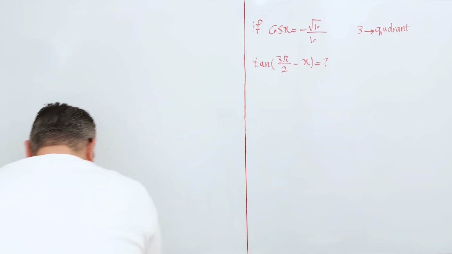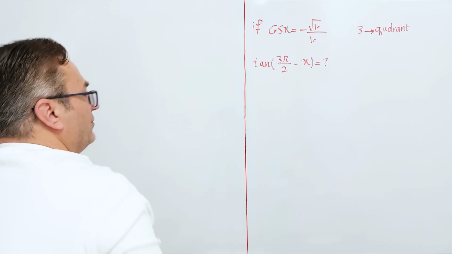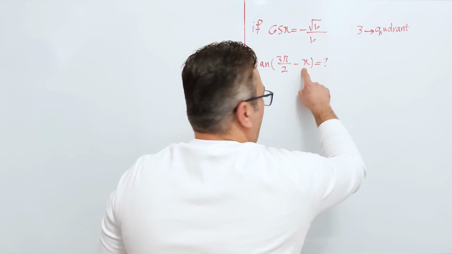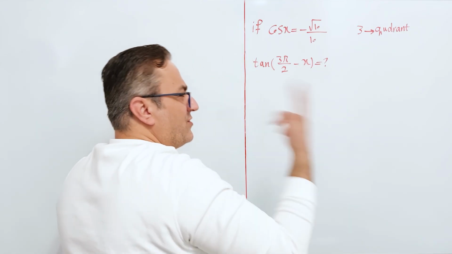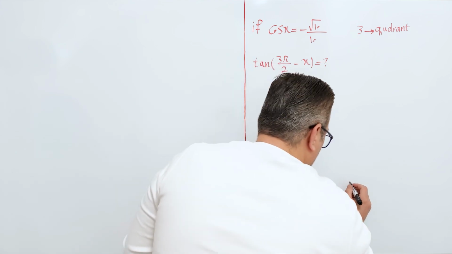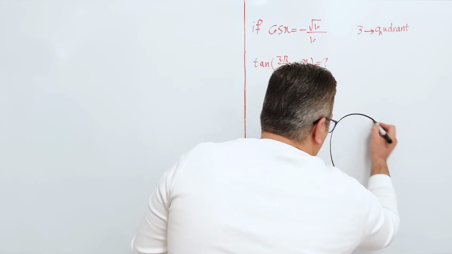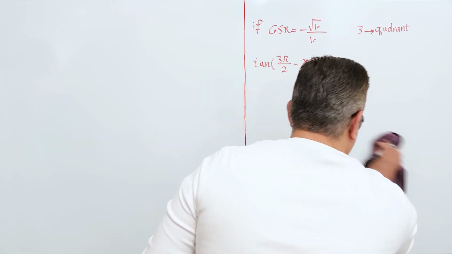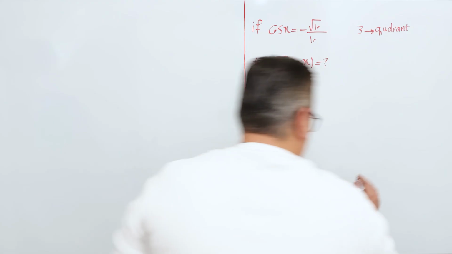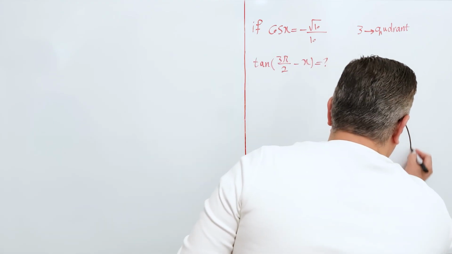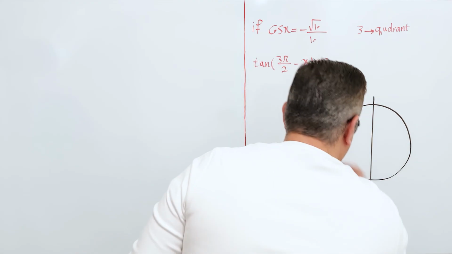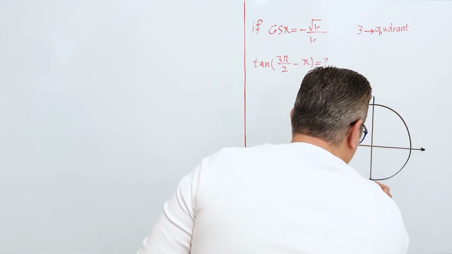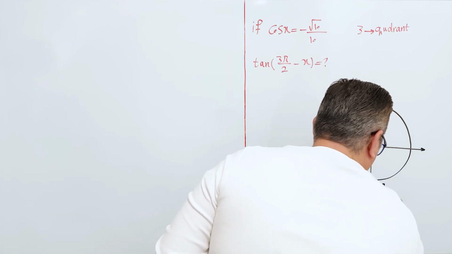Okay, so we know that 3 pi over 2 minus x is in the third quadrant because, take a look at the unit circle, and here is 3 pi over 2.